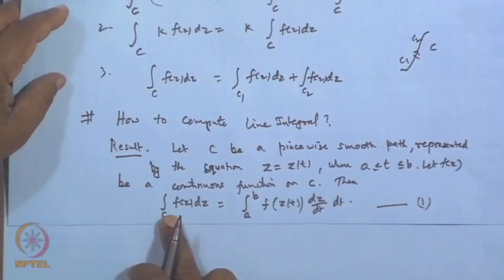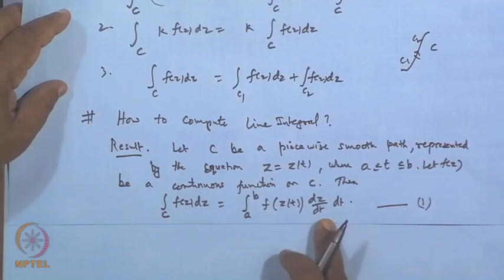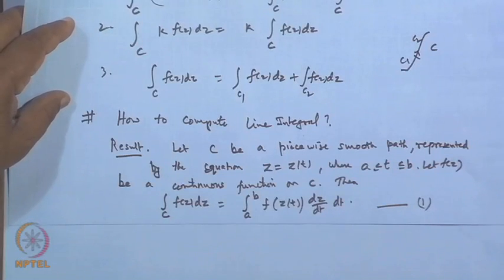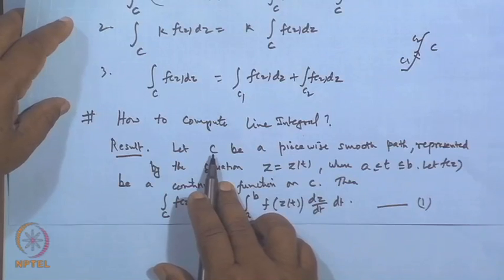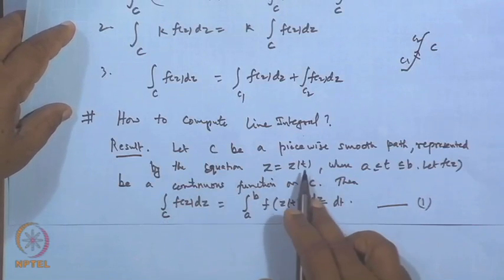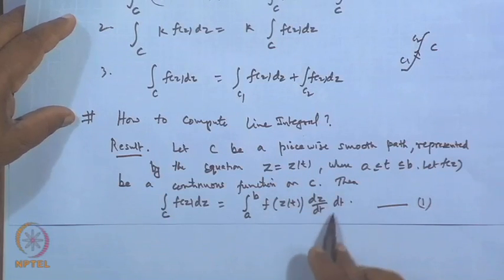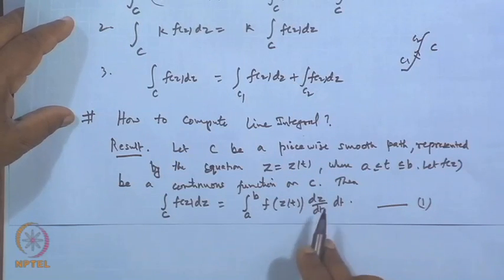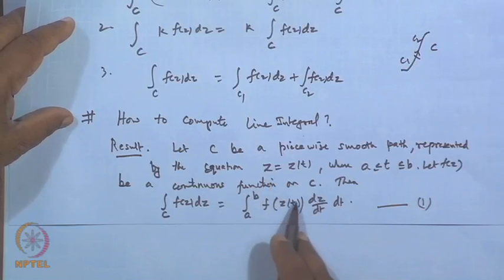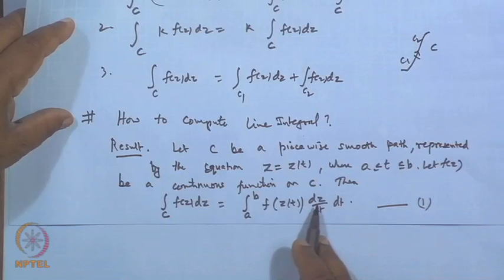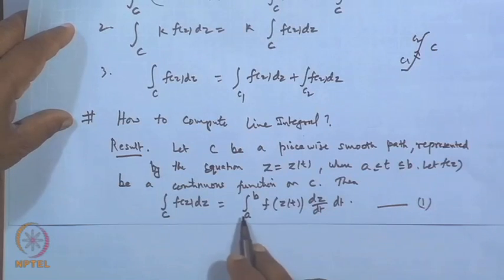In order to bring it from the line integral to the definite integral in t, what do we have to do? We must know the parametric equation of the curve C. Once we know the parametric equation of the curve, then calculate dz/dt, which is very simple, and then find the value of the function at each point on the curve, that is f(z(t)), and substitute the limits so that the entire path is covered.